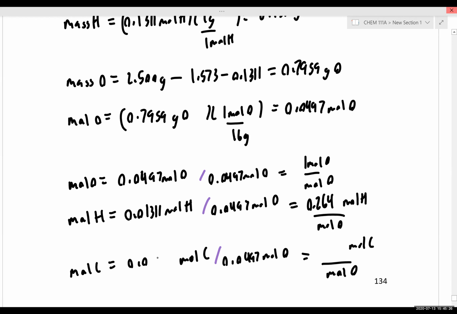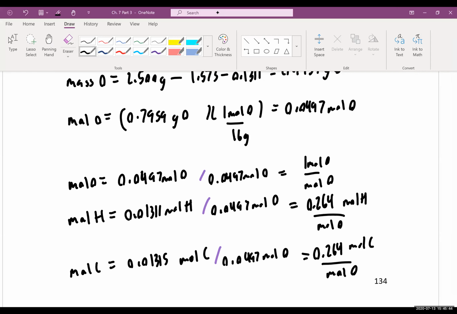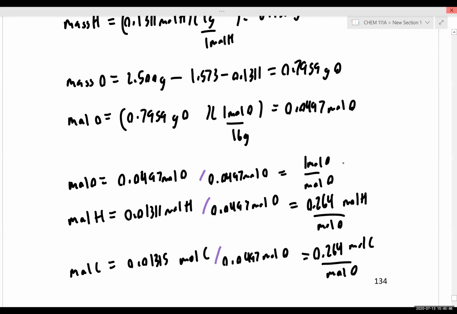For our moles of carbon, we have 0.1315 moles of carbon over 0.0497 moles of oxygen. That gives us 0.264 moles of carbon per mole of oxygen. And now what we're going to do is we're going to have to guess.